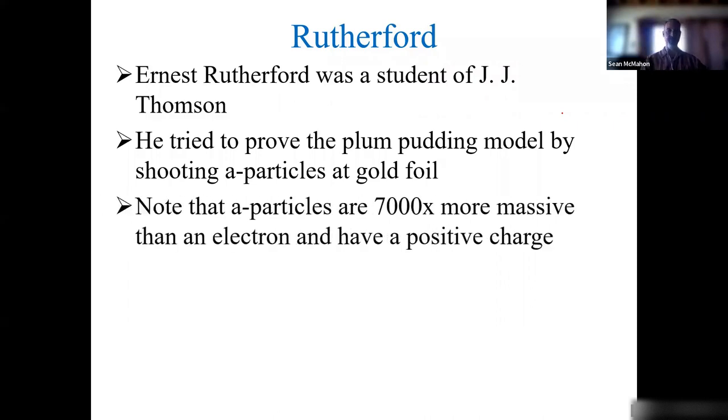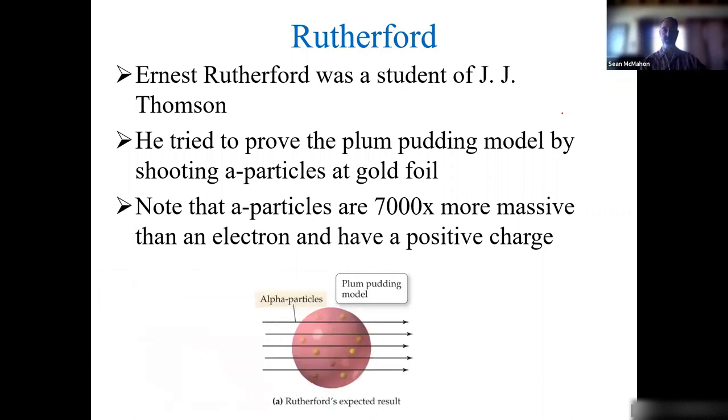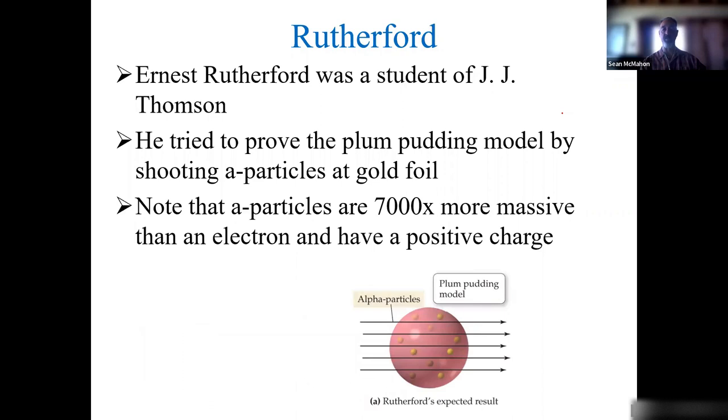So the alpha particles are about 7,000 times more massive than an electron, okay? And they have a positive charge, but they're much smaller than the gold foil. So he believed that they'd just be able to go through and not be obstructed by these smaller electrons, okay, when the alpha particles were shot through.